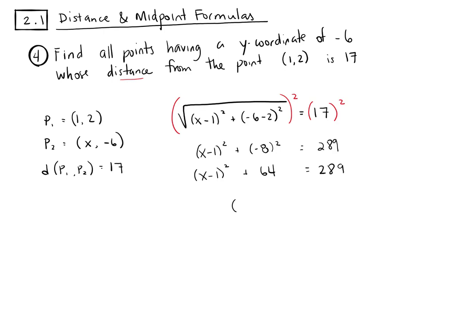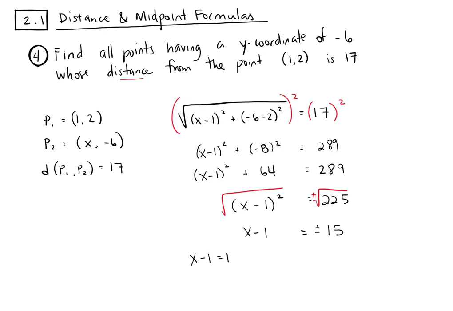We're going to subtract 64 from both sides and get 225. And then I'm going to square root this, and that's when I put the plus and minus symbol on. So I get x minus 1 is plus or minus 15. Now in order to solve this, I need to make two statements.